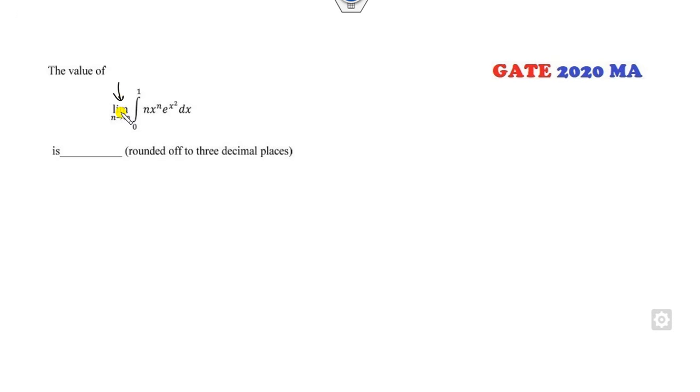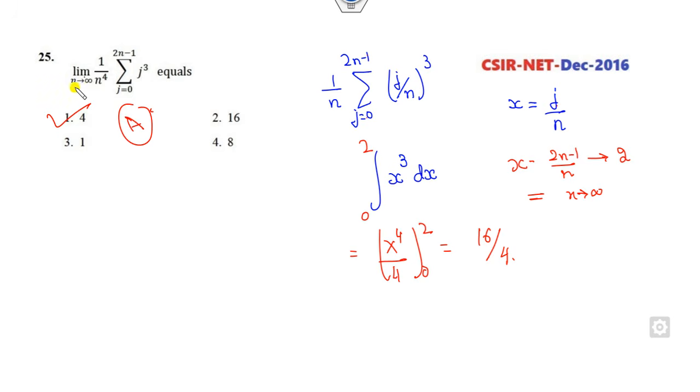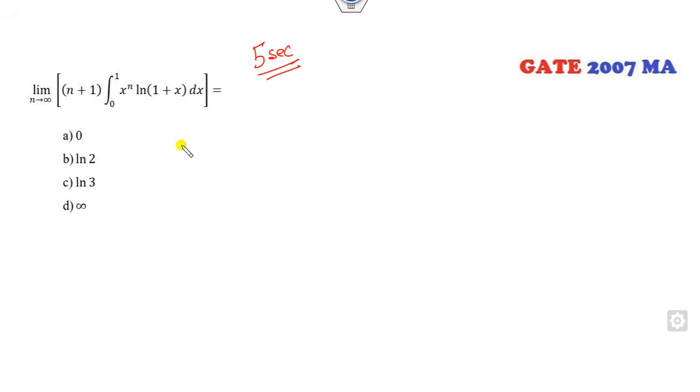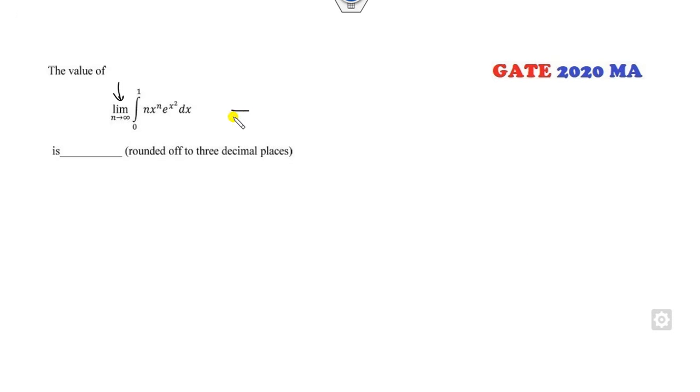Again, it's an infinity limit. Remember, whenever it's a limit at infinity and a summation, then you have to change it into an integration. Whenever there is a limit at infinity and an integration, you have to use this shortcut trick. I can write this number as the limit n approaches infinity, and I can take it outside: x raised to power n times e to the x squared.